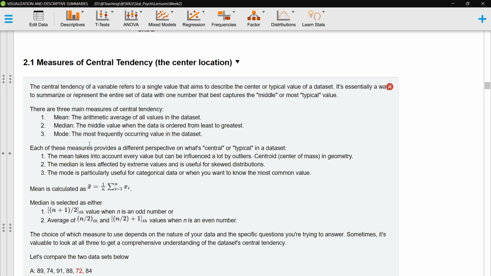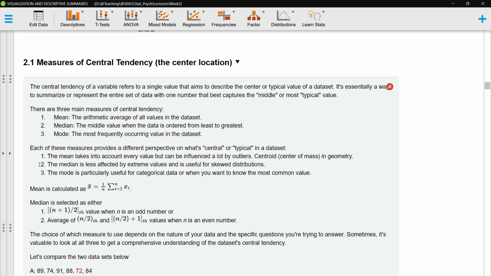Each of these measures provides a different perspective on what's central or typical in a data set. So according to the differences in the definition or the perspective of what is central or typical, we may use different types of central tendency.